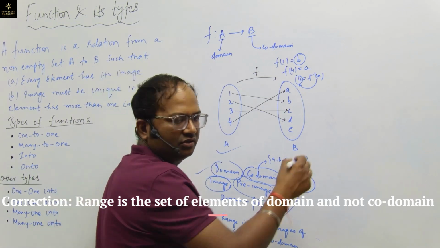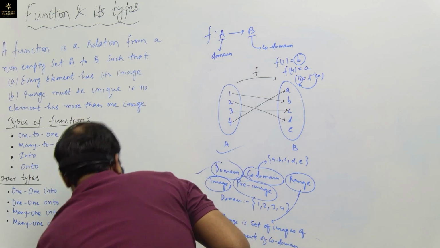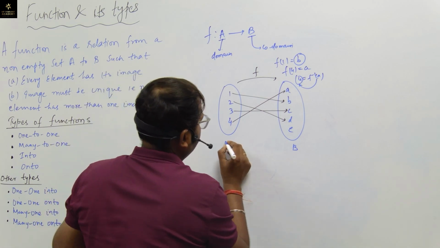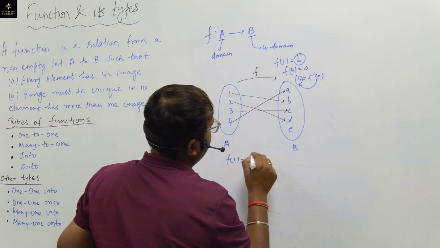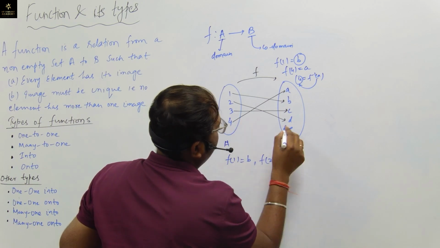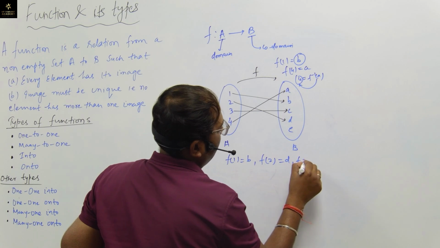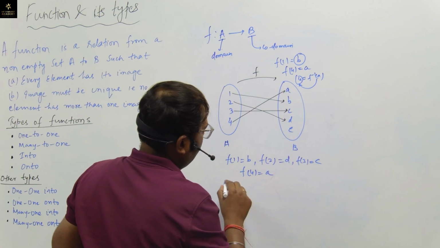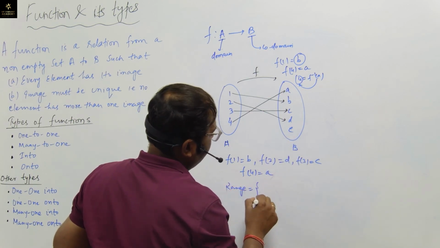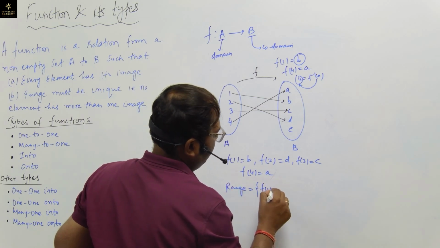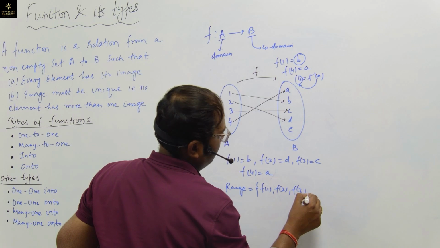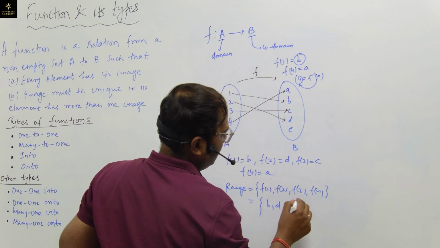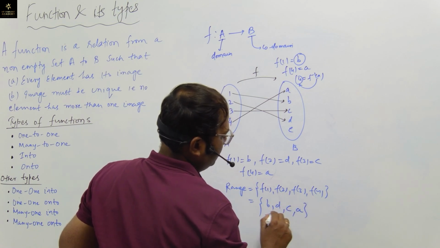Let us write down here. f of 1 is b, f of 2 is d, f of 3 is equal to c, and f of 4 is a. So range is equal to the set of images: f of 1, f of 2, f of 3 and f of 4. So this is equal to b, d, c and a. So this is our range.